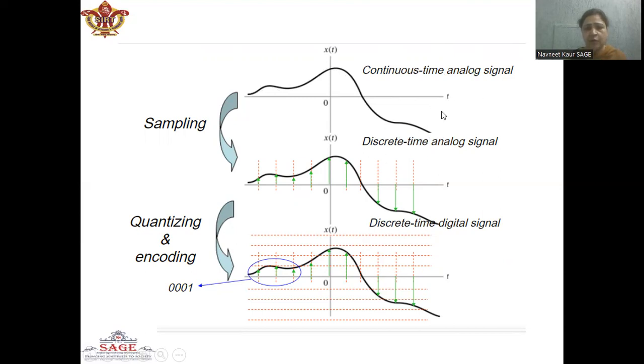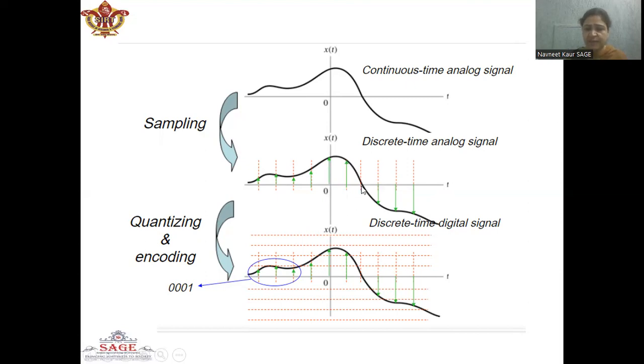Now, if I do the sampling of this continuous time signal, sampling means I take samples at fixed instants of this continuous time signal, in that case we will get the signal at discrete instants of time. That means, say, the first sample is taken at t equal to 0 and the second sample is taken at an interval of Ts, so at t equal to Ts.